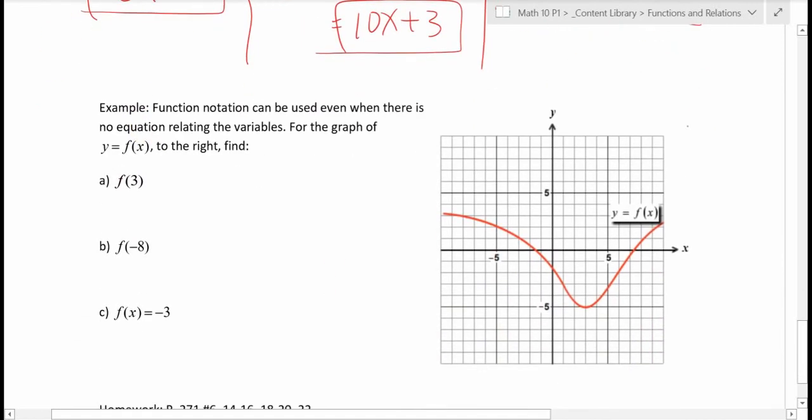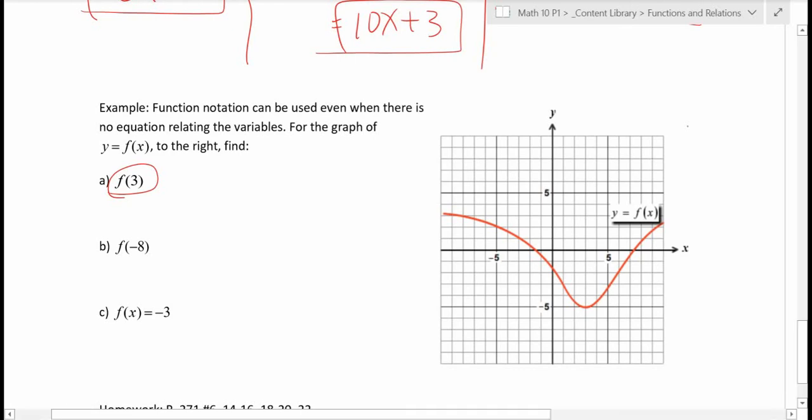So here it says, function notation can be used even when there is no equation relating the variables, but we do have graphs. For the graph of y equal to f of x to the right, we are looking for f of 3. So recall, f of 3 means that the input is 3. The x value is 3, and f of 3 is looking for the y value.